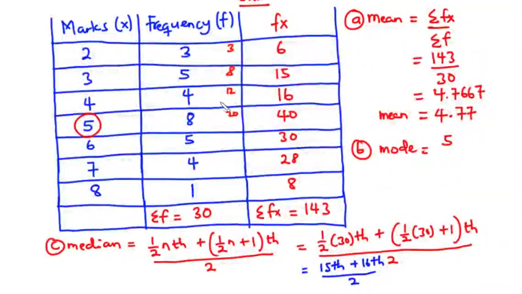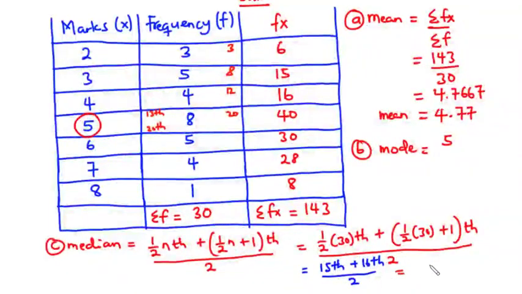Now 4 ends on the 12th value, and then 5 starts from the 13th value to the 20th value. So in between the 13th value and the 20th value, we have the 15th value and the 16th value. So it follows that both the 15th and the 16th values are 5.